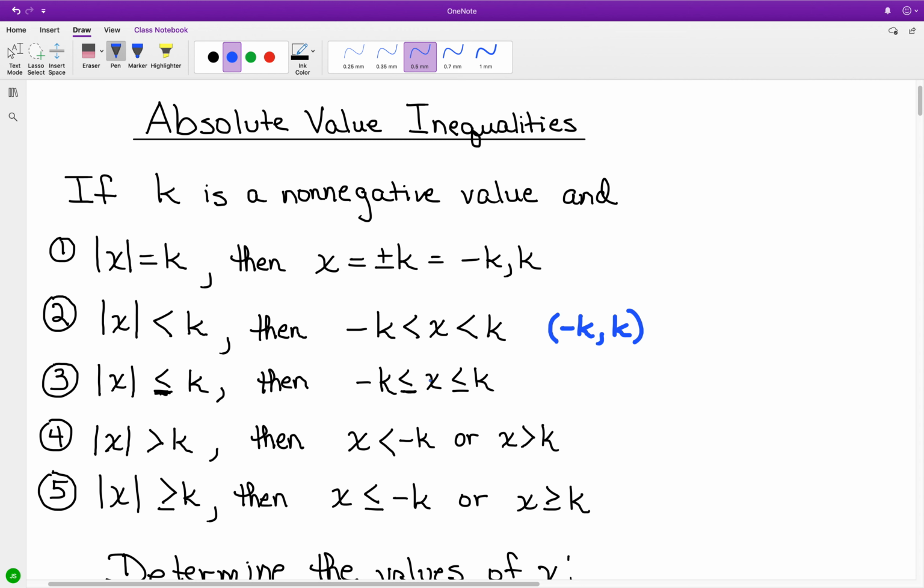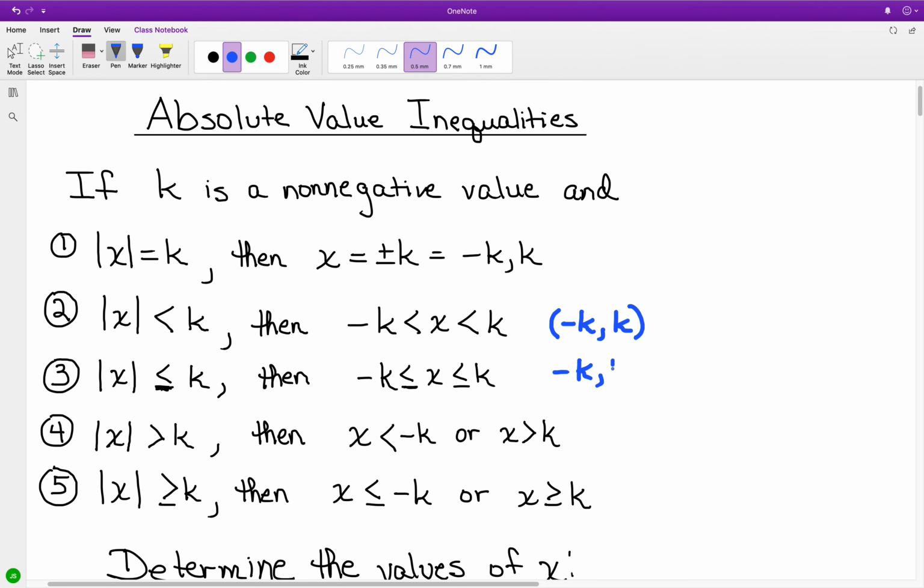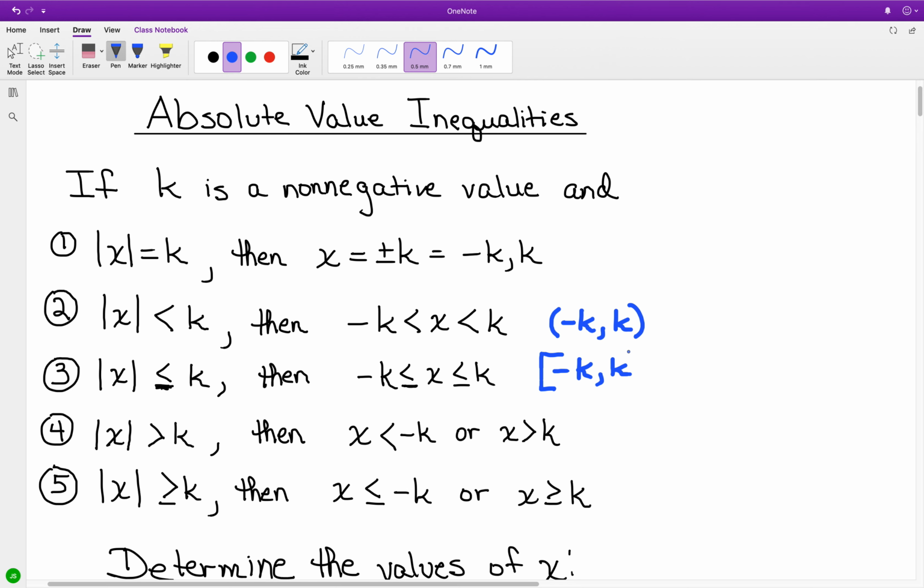In fact, we do have a compound inequality, but with the equal signs included, negative and positive k are parts of the solution. So we have the lower and upper limits to officially be negative and positive k, and in interval notation, again, we have the enclosure to be brackets.